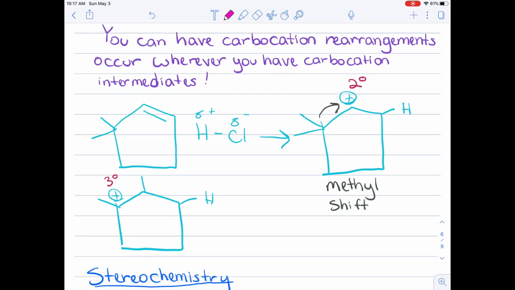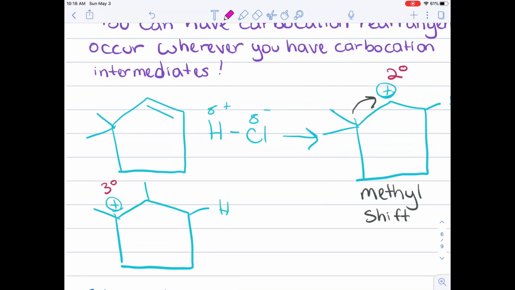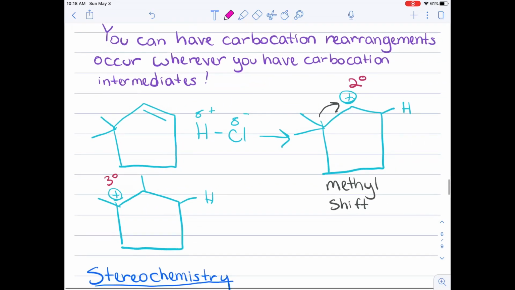One thing to remember is that wherever you have carbocation intermediates, you can also have carbocation rearrangements occurring. Why does that happen? Well, you want to make sure that you have the most substituted carbocation that you can have. So for example, with this dimethylpentene, it wants to react with hydrogen chloride.